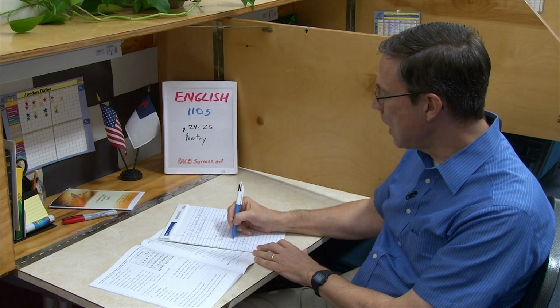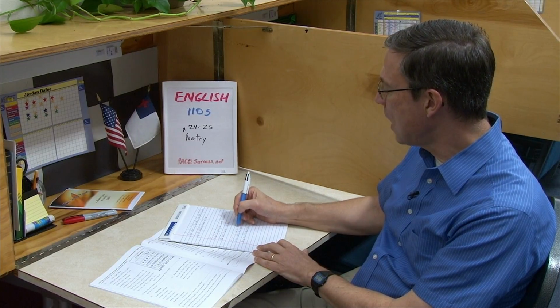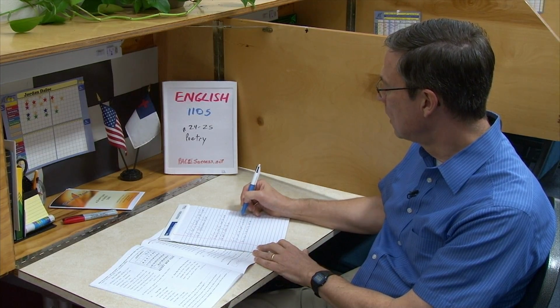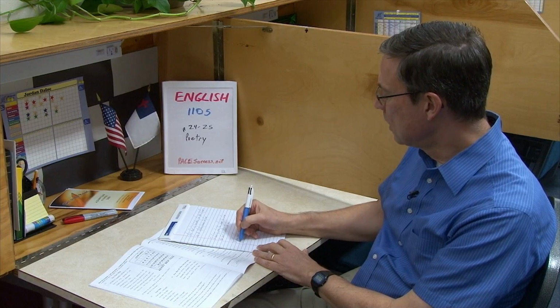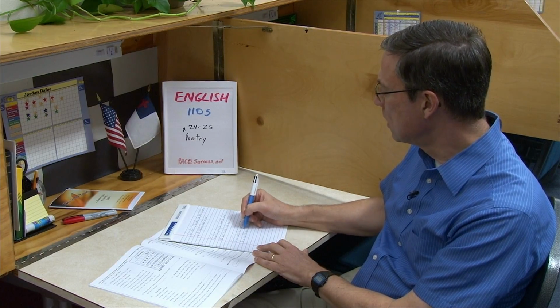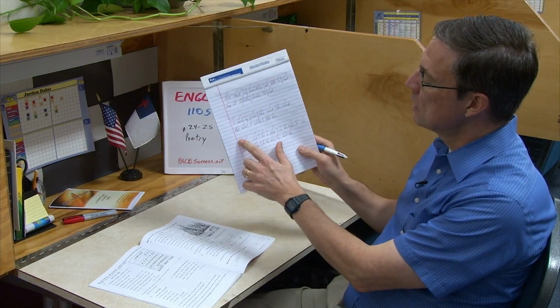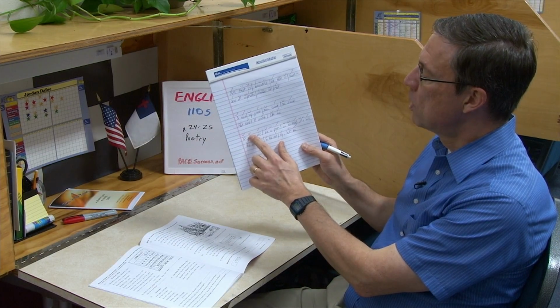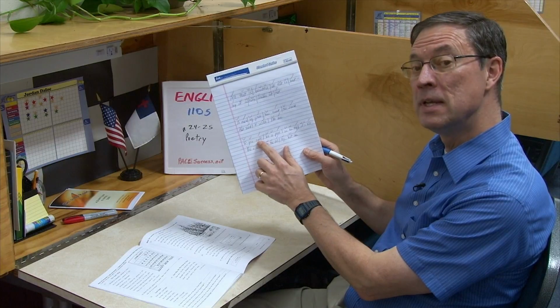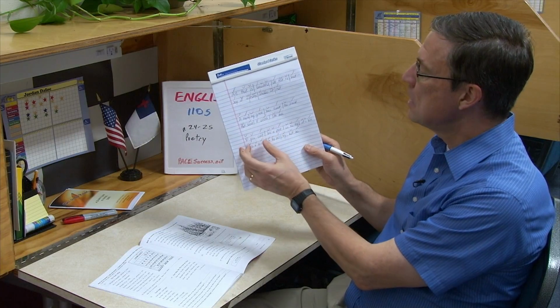So this one, the accent is on the last syllable. Again, not word, syllable. Be a scrub in the valley, but be. And so we're putting the unaccented mark over the first two syllables and the accent on the last syllable.